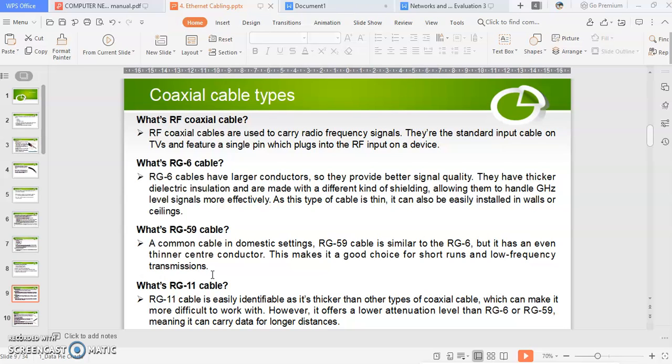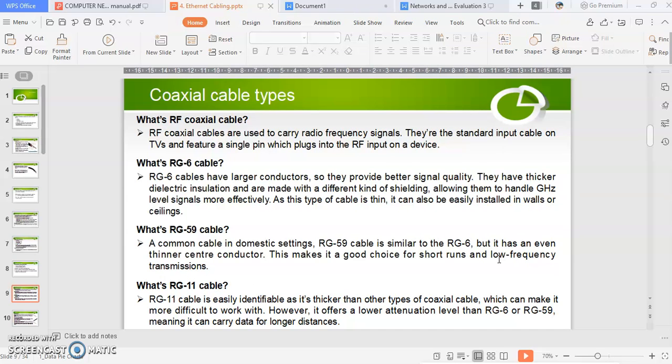Okay, next is RG59. It is similar to RG6 but it is even thinner. Again, the bigger the number of the RG, the thinner the wire. So it is a good choice for short runs and low frequency transmission.